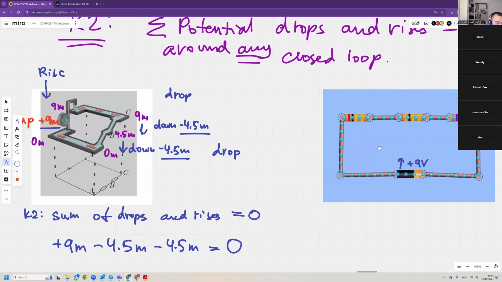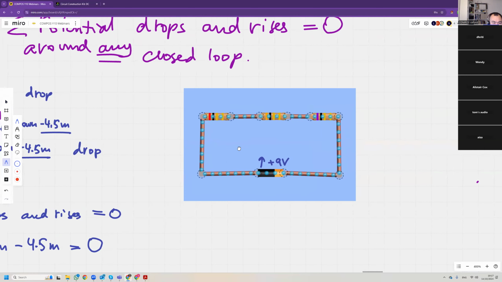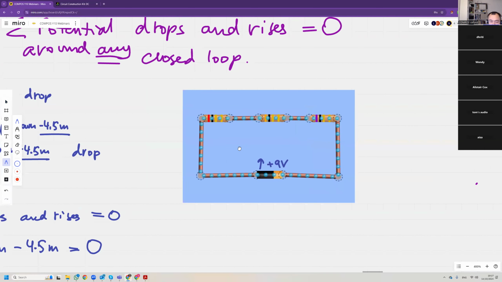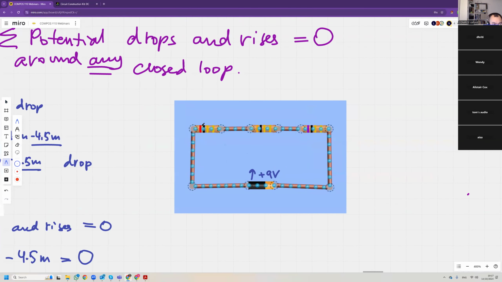Now we measure potential in volts, not meters. Or meters is the height, of course. Plus 9. This resistor drops the potential by minus 2 volts. This resistor drops the potential by minus 3 volts. And this resistor drops the potential by minus 7 volts.